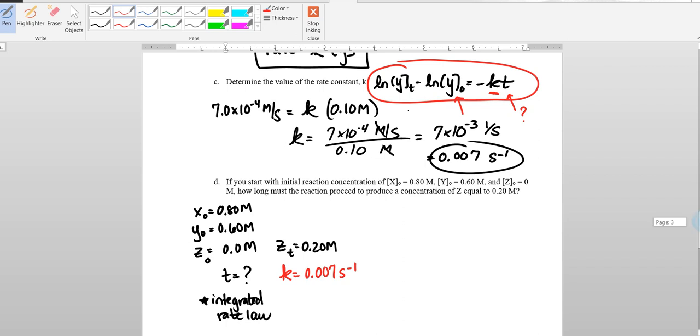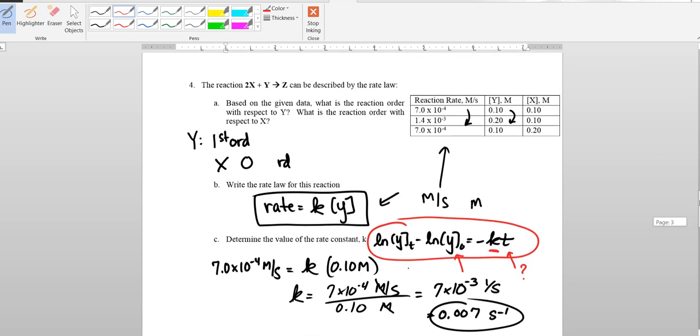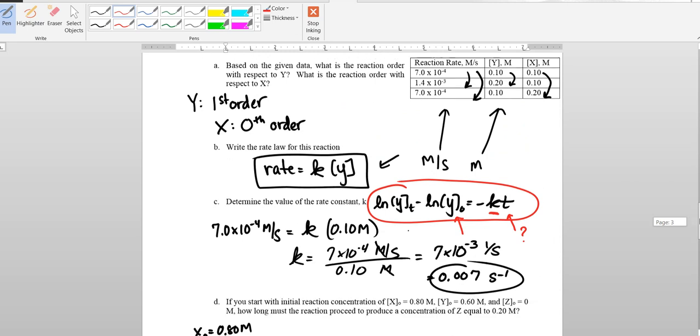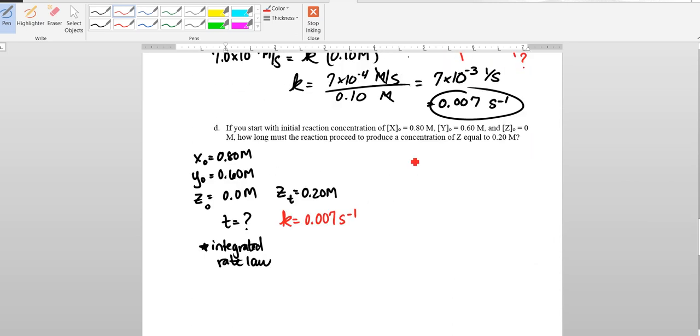So I need to go back and look at my equation here, which is 2x plus y makes z. So let me write this down here. 2x plus y makes z. And let's think about what's happening here. In order for z to go from 0 to 0.2, that means that we made 0.2 moles of z.